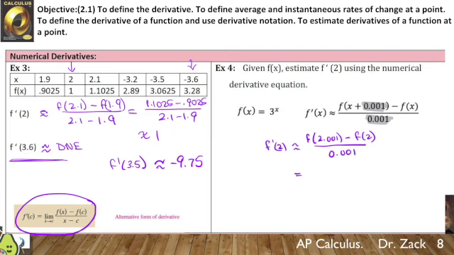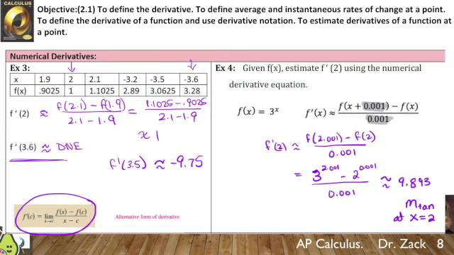Once you substitute, just take those values, put them in for f of x, so 3 to the 2.001 minus 3 to the 2 divided by your 0.001. Substitute this into your calculator, end up with approximately 9.893. And one more time, this is the approximate slope of the tangent line at specifically x equals 2.